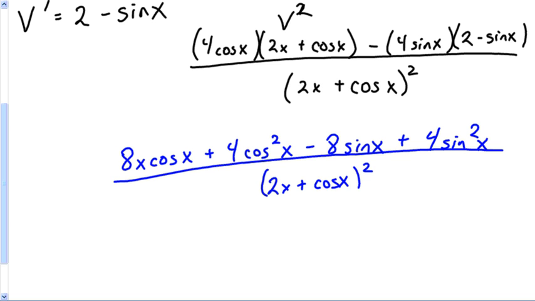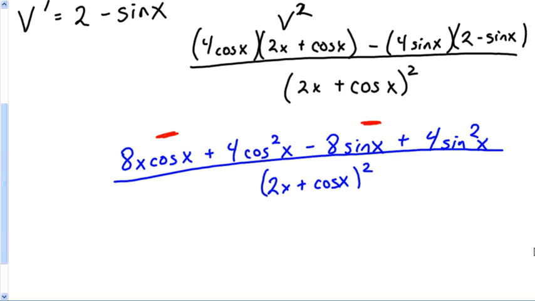And now if you're looking, it's like, does anything in this reduce in any way? I'm looking, and for a second I saw this cosine x and sine x, and I thought we might be able to reduce that to 2 sine cosine or something. No, no, no, none of that.